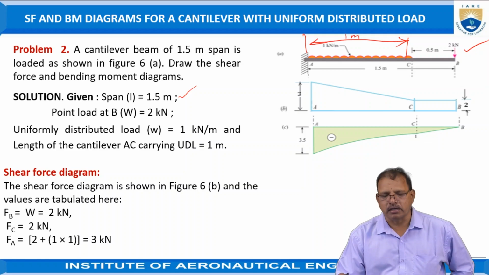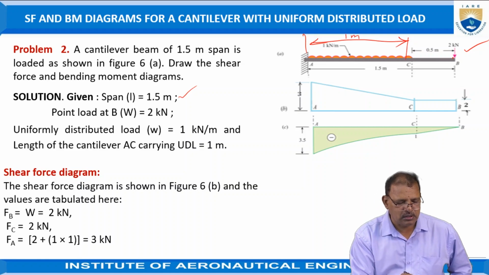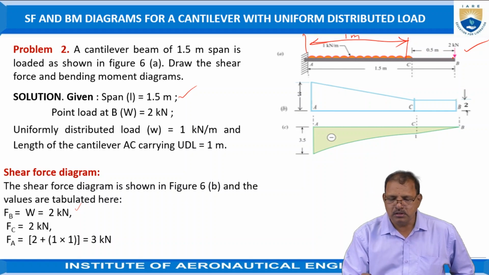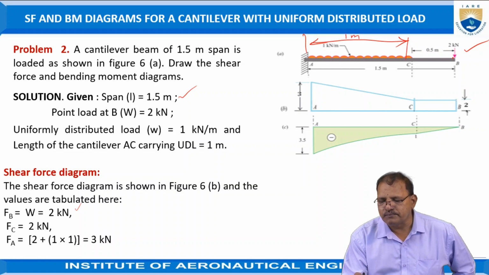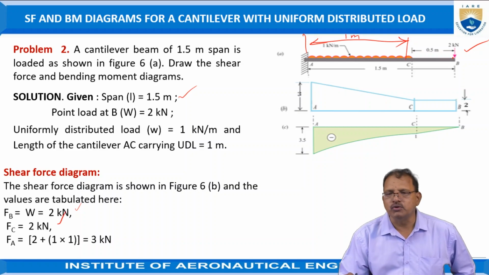Now the shear force diagram. The shear force at B is W equal to 2 kilonewtons, acting in the downward direction, so positive. At C also the unbalanced force remains constant, so we can take it as 2 kilonewtons.